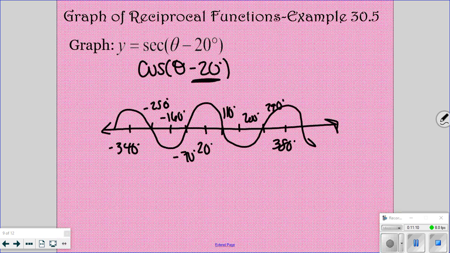Okay, so this is our theta axis. And our y-axis is in between negative 70 and 20. I'll put it right there. Hopefully you're remembering how to graph these. That shouldn't be review. And then I'll do secant in blue. So everywhere you have it crossing the x-axis, you're going to put an asymptote.